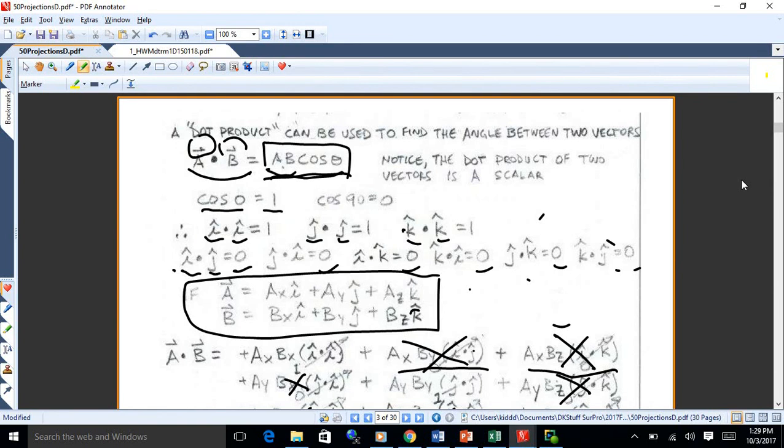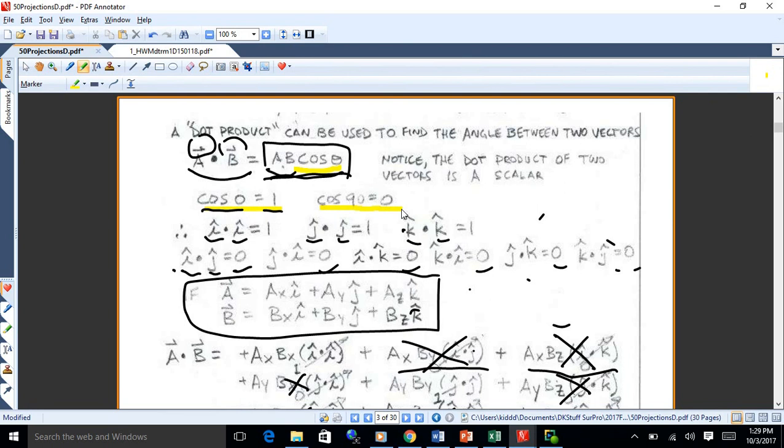Now, a dot product is a scalar. If you take two vectors and dot them, what you get is a scalar that equals the magnitude of one vector times the magnitude of the other times the cosine of the angle in between. That cosine function is key here, because cosine of 0 is 1 and cosine of 90 is 0.